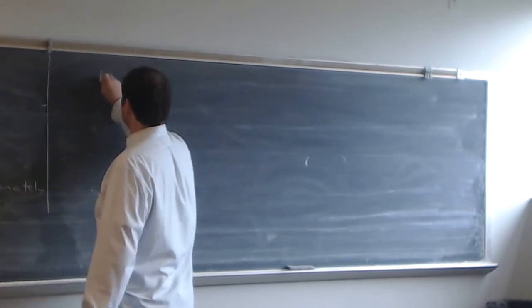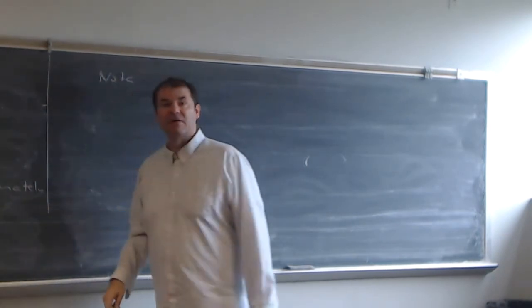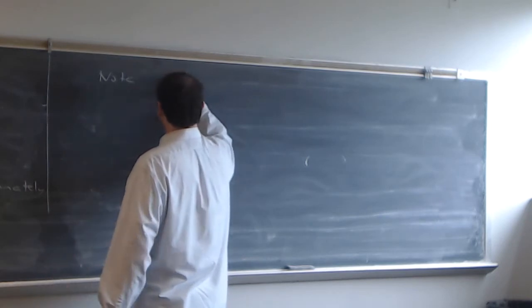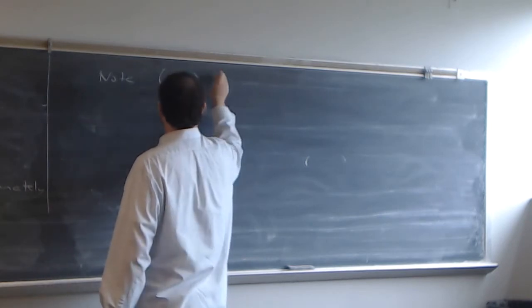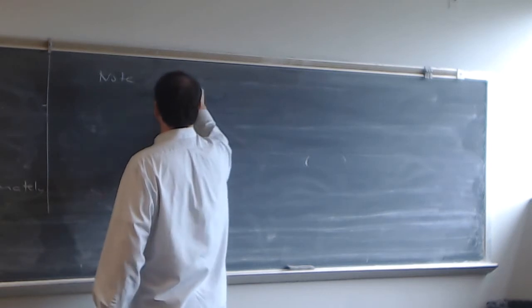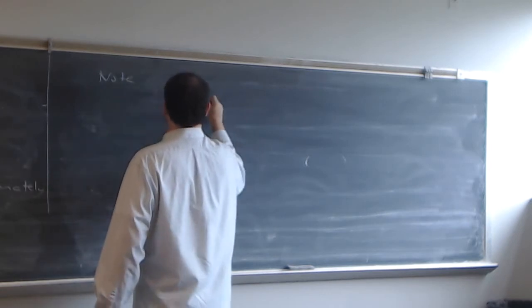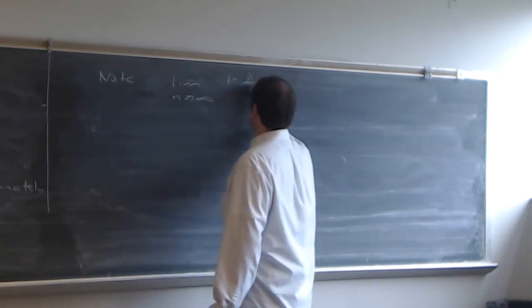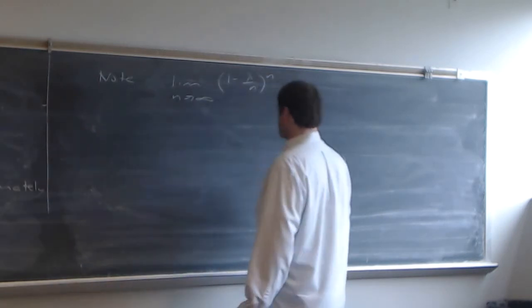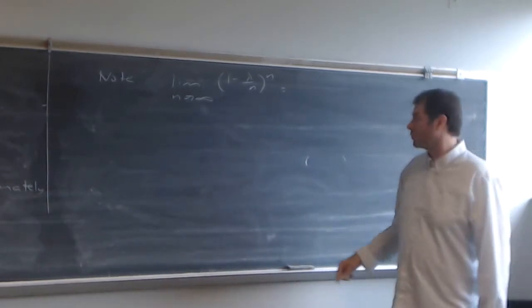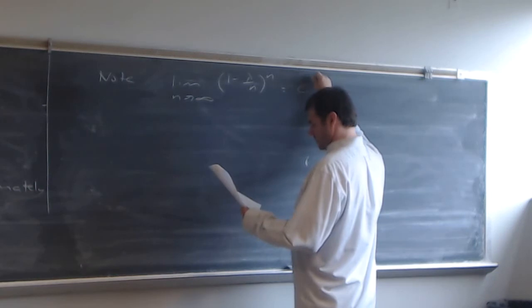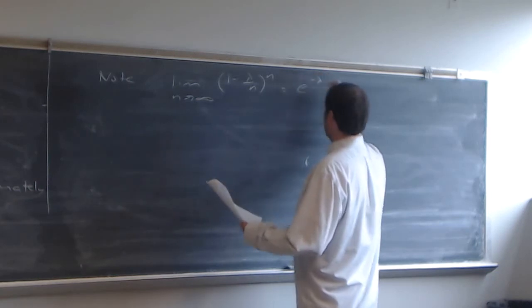Okay. Another thing to observe that's part of the PMF of the binomial, the way we wrote it: if we take the limit as n goes to infinity of 1 minus lambda over n raised to the n, you can put this in a L'Hopital's rule form, and what you'll find is it goes to e to the minus lambda.